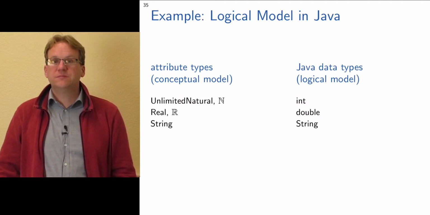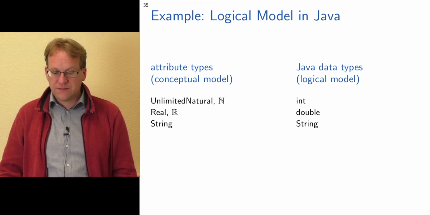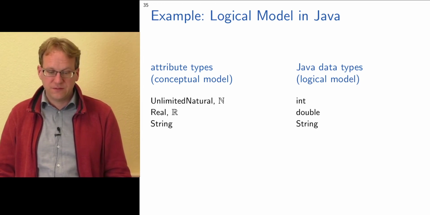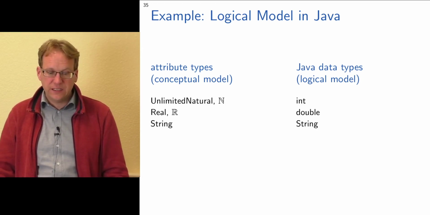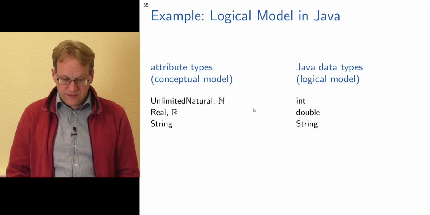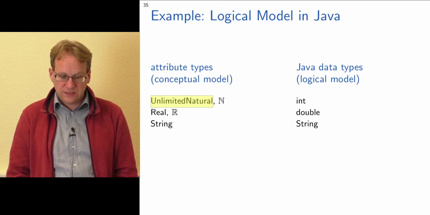So if we choose this direction, we would like to implement this as a Java program. On the conceptual model side, we have concepts like unlimited natural numbers. That is actually part of the UML standard, that we have these data types: unlimited natural, real, string.